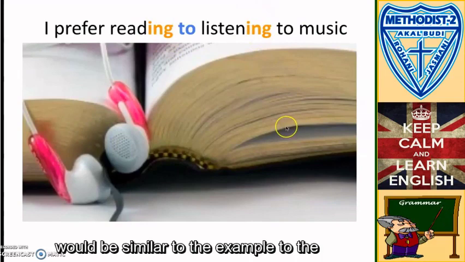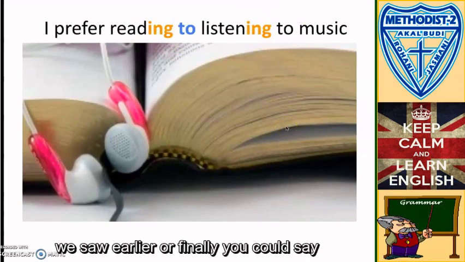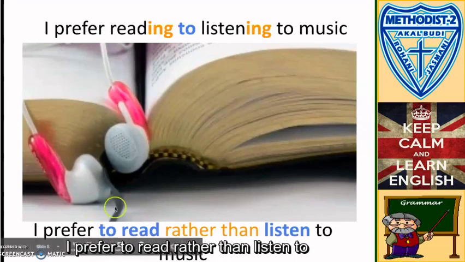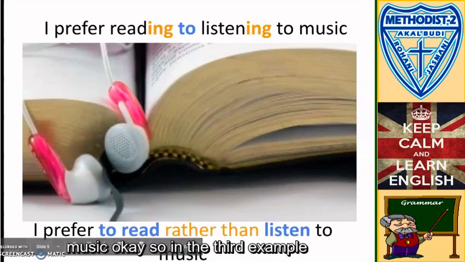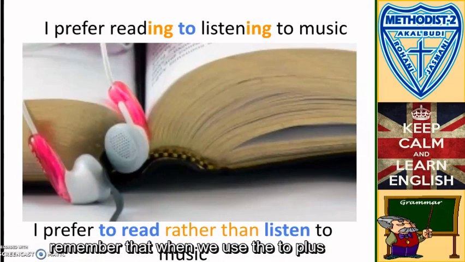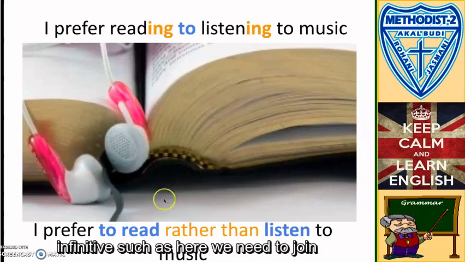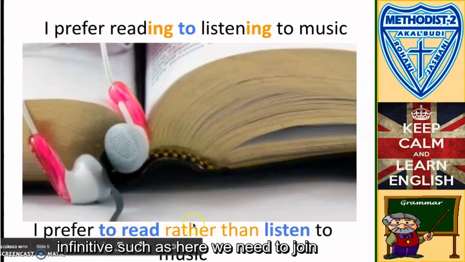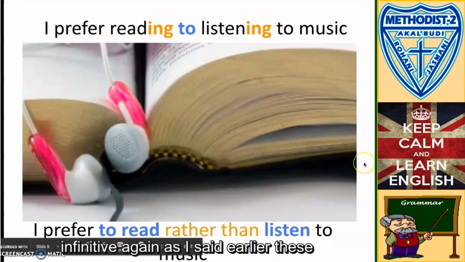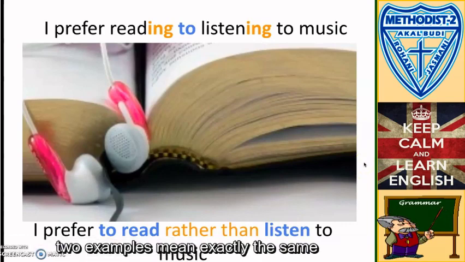This would be similar to example 2 that we saw earlier. Or finally, you could say, I prefer to read rather than listen to music. In the third example, remember that when we use to plus infinitive, we need to join it with rather than and then use a bare infinitive again. As I said earlier, these two examples mean exactly the same.